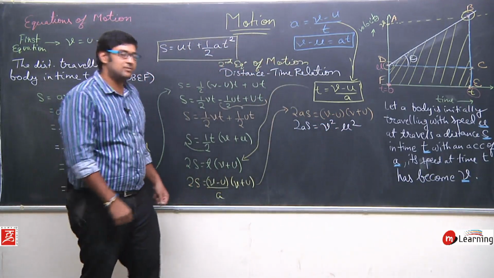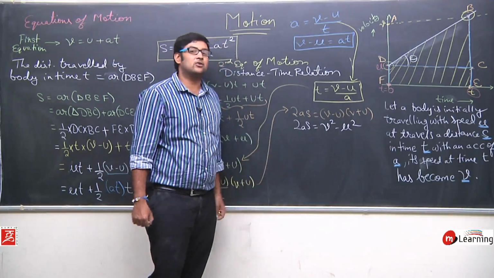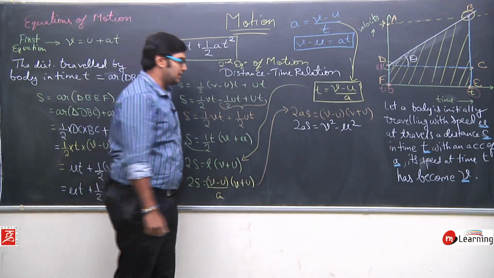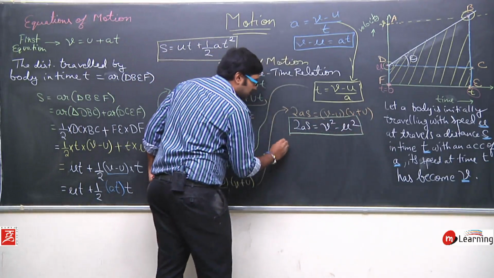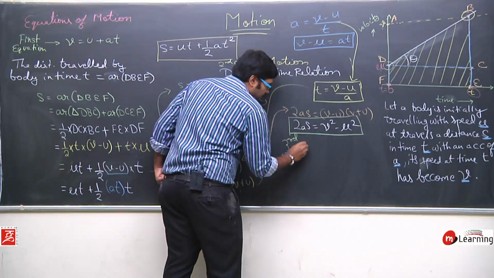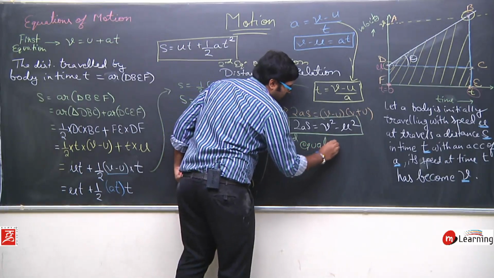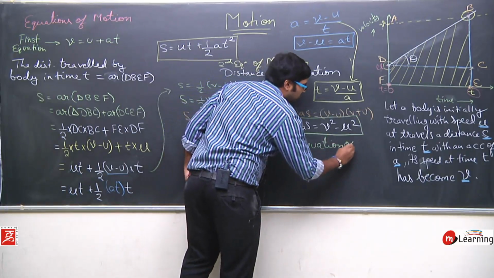Okay, so here we will get that 2as equals v square minus u square, and this is known as the third equation of motion.